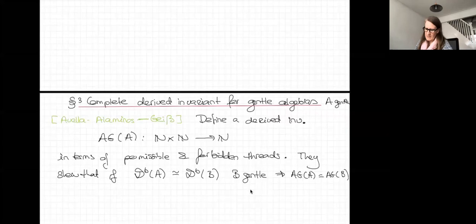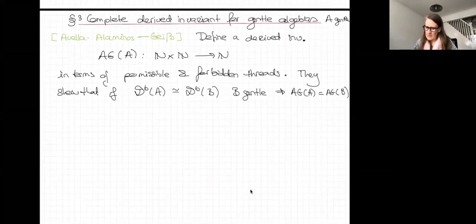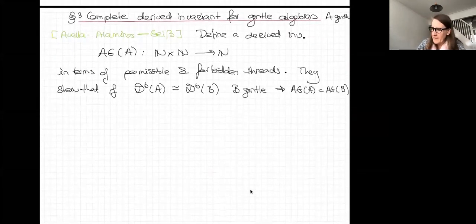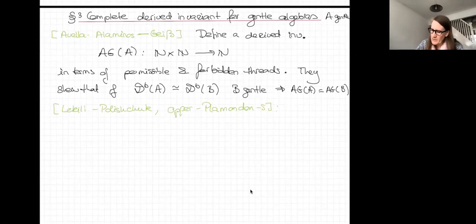Okay, so this AG invariant is encoded in the surface, and instead of defining permissible and forbidden threads, we can just see what it is on the surface. This was done at the same time in a paper by Lekili and Polishchuk, and then in joint work with Sebastian Opper and Pierre-Guy Plamondon, which gives this description of the AG invariant. Suppose that the boundary has n components.